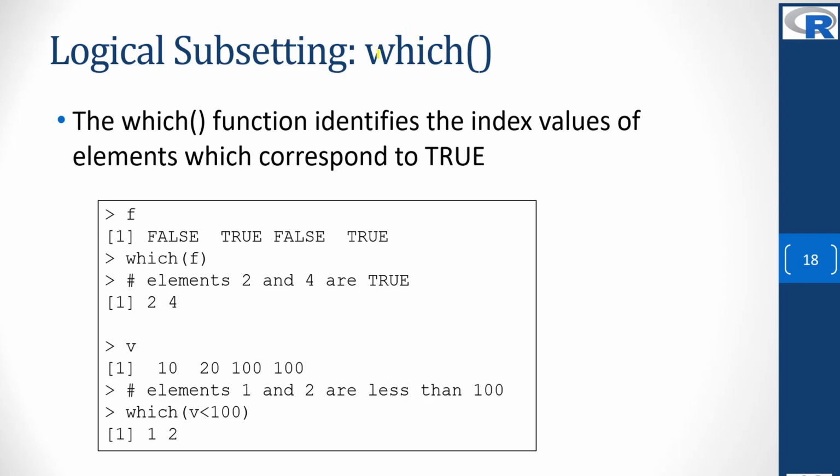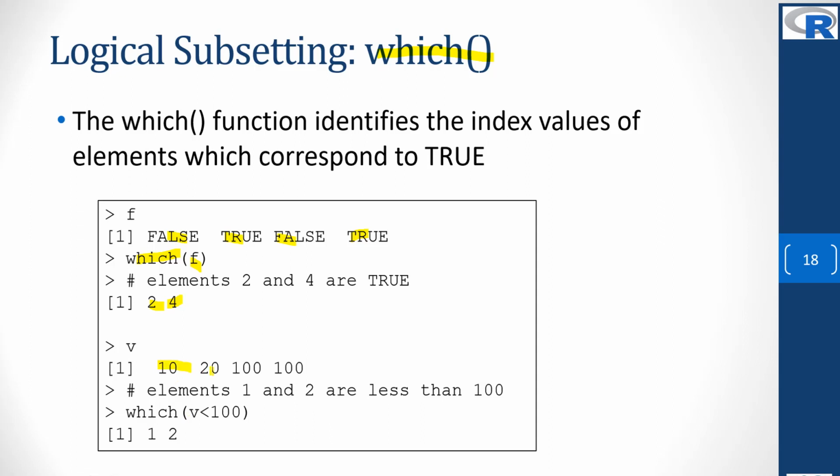There's a function called which that identifies the element indexes that are true for this type of expression. We have a vector f with the values false, true, false, true. The which function with f passed as an argument identifies the true elements. So you see we get element 2 and element 4, the index values of that vector that are true.